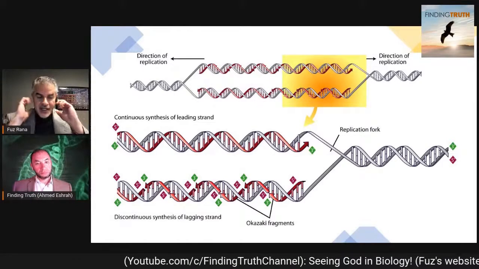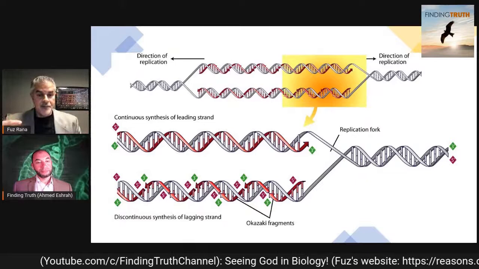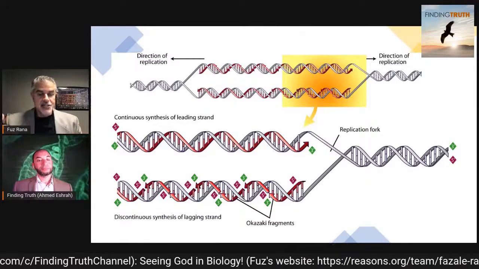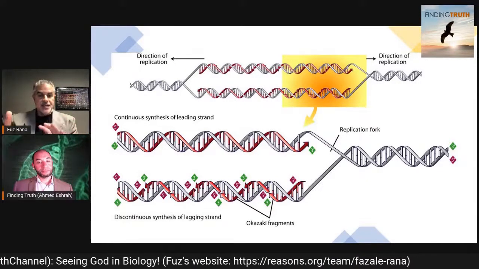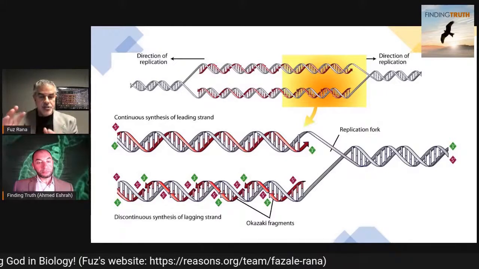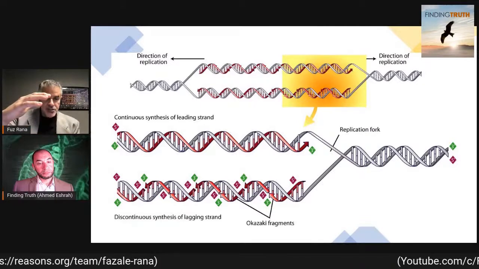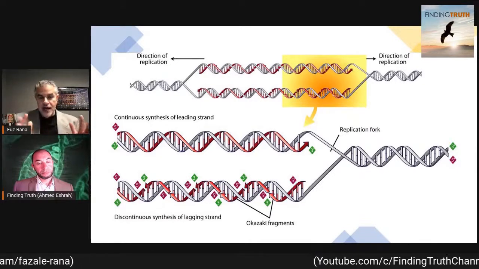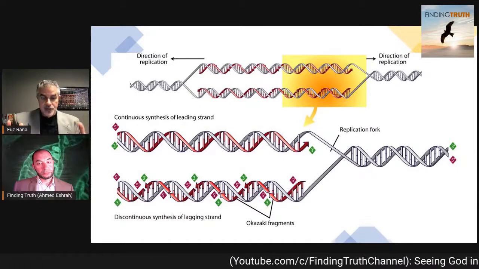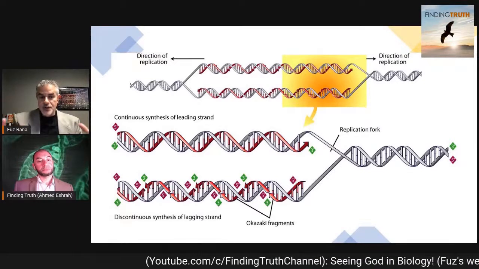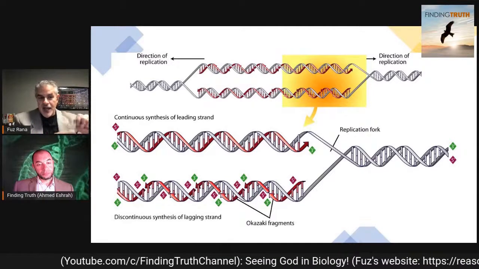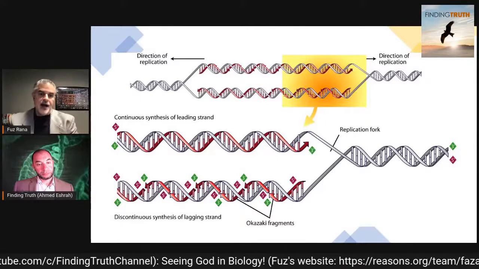It's oriented not 3' to 5', but 5' to 3'. And so as replication proceeds on the continuous strand and the replication bubble gets larger and larger, eventually enough of that other strand is exposed to allow the cell's machinery to get in there and start to do the replication in the opposite direction.